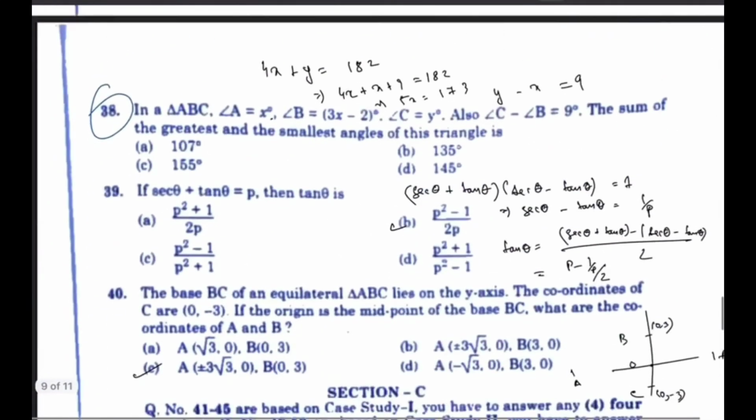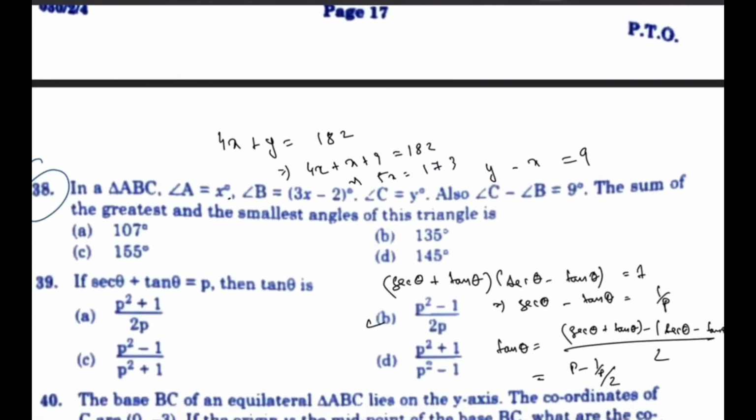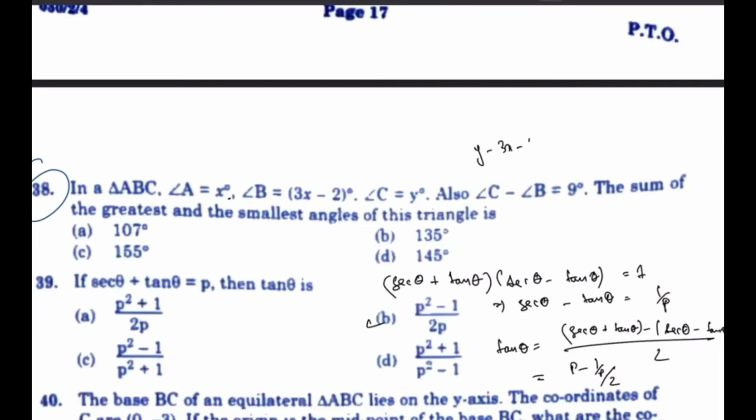Okay. Fine. Where is the next one? Okay, let's check. Greatest and smallest. We'll just erase and do the whole thing all over again. Okay, so c minus b. Oh yes, this was our mistake. Y minus 3x minus 2 is 9, implying that 3x minus y plus 11 is 0. This is one equation.